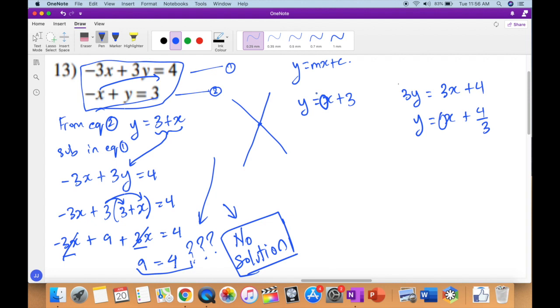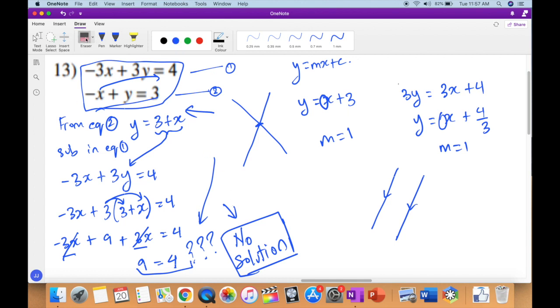Where the m value, m here is 1, and over here m is 1. And if two lines have the same gradient, then these two lines are actually parallel. And because they are parallel, if you solve them simultaneously, you will not be able to get any point of intersection. There just isn't any. So in this question, we actually have no solution.